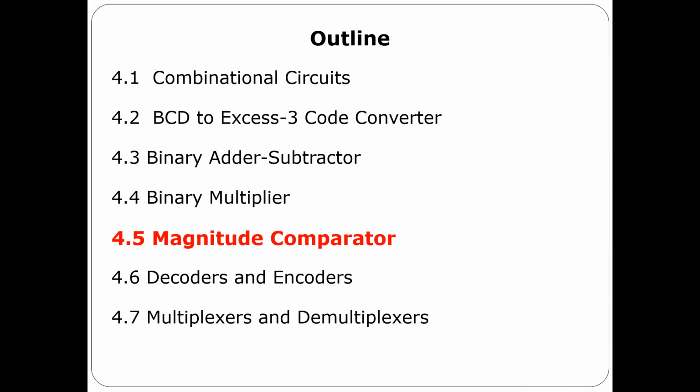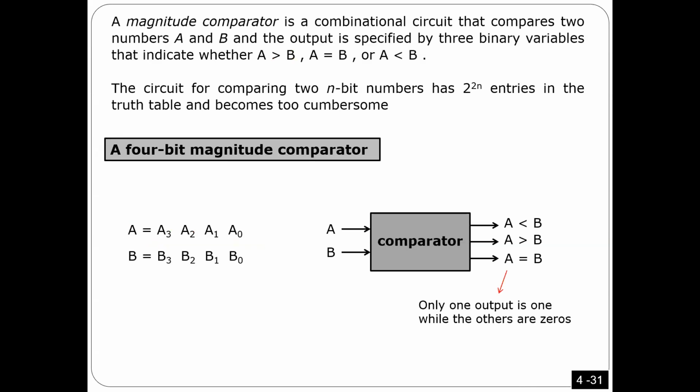Okay, let's move to the next one, the magnitude comparator. This circuit should compare two numbers. Very simple. Look here. I want to design a logic circuit. This logic circuit has two number inputs, A and B. This number can be 1 bit, 2 bits, 3 bits, whatever.